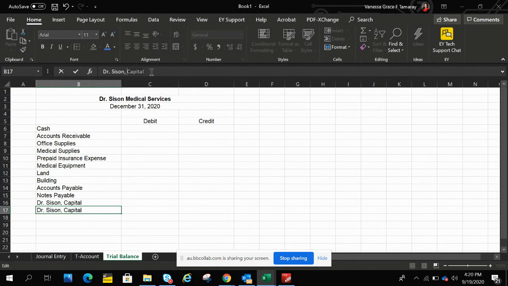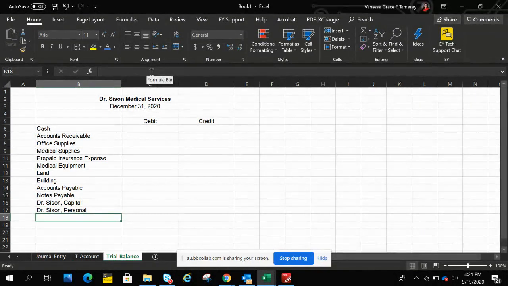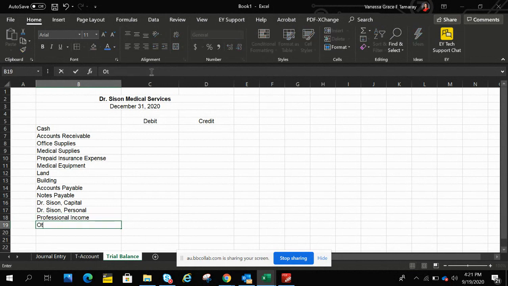Personal. And then, we have, ano pa? Meron tayong professional income. Meron tayong other income. Then we have salaries expense.